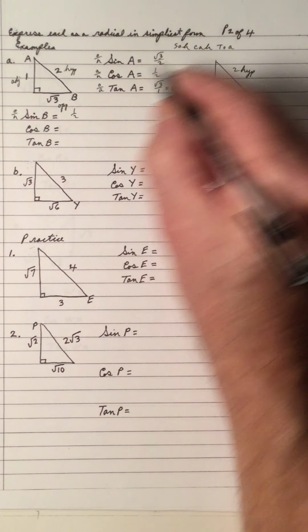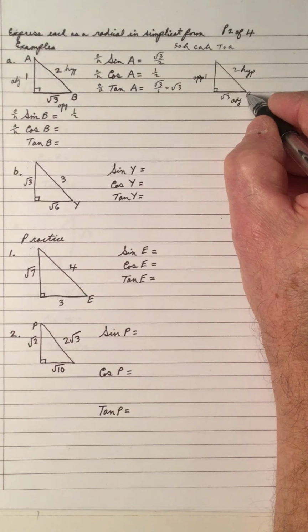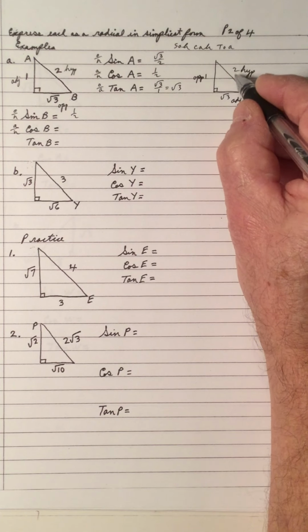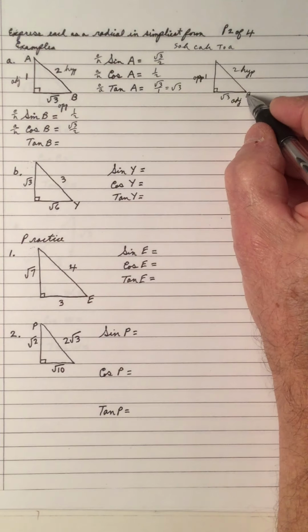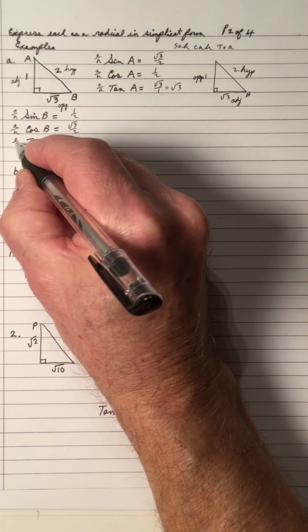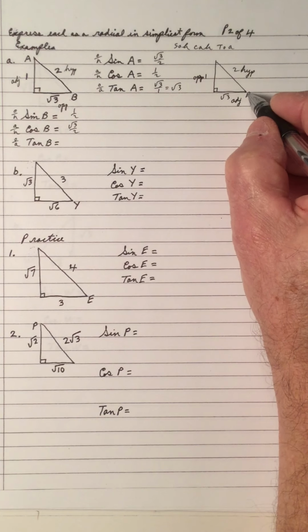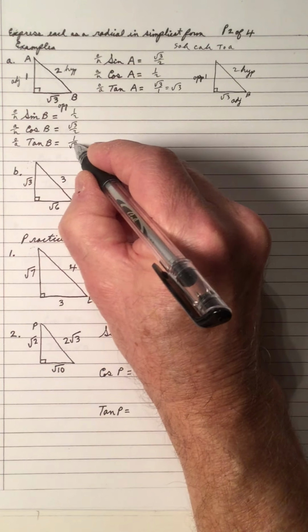Cos is adjacent over hypotenuse: adjacent is root 3 over hypotenuse 2. And tan is opposite over adjacent, so 1 over root 3.